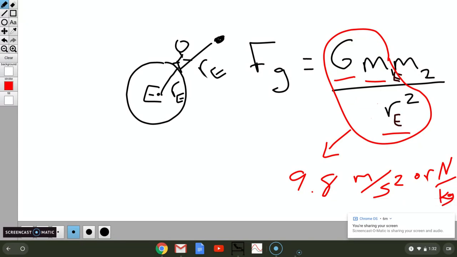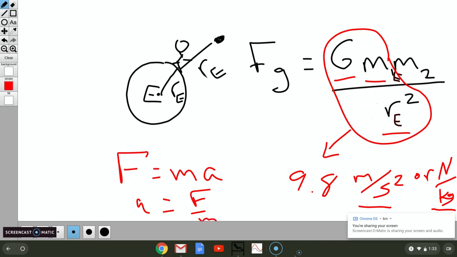So meters per second squared or newtons per kilogram are the same thing. Like if you look at this equation, F equals ma, well, acceleration is equal to force divided by mass, which would be newtons divided by kilograms, or meters per second per second. Those are the same thing. And if you remember, a newton is actually a kilogram meter per second per second.